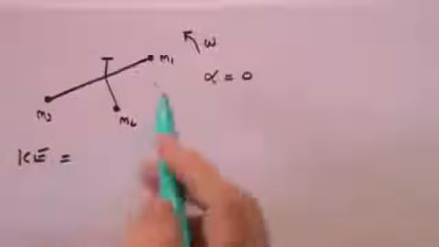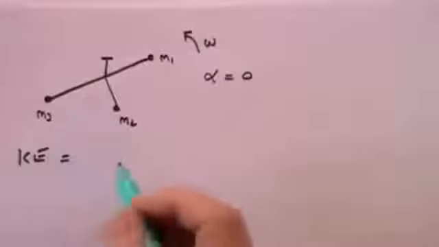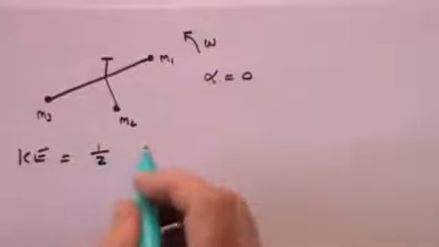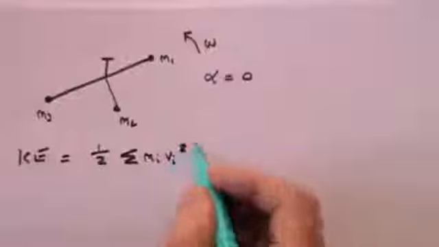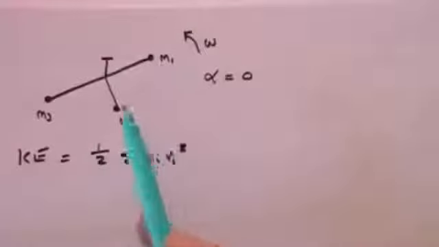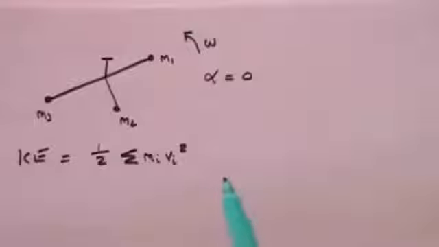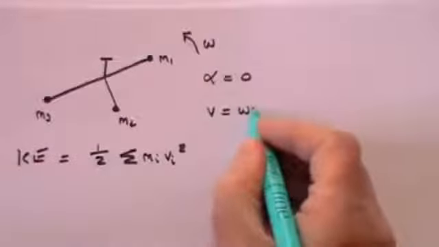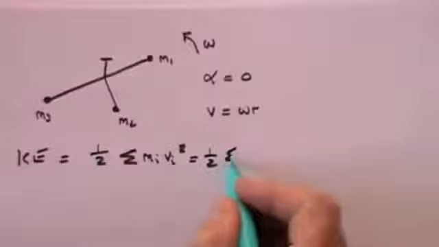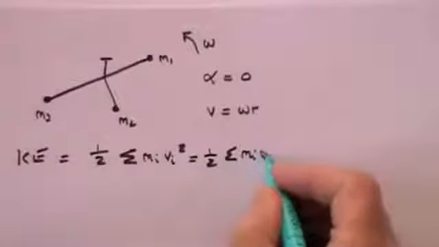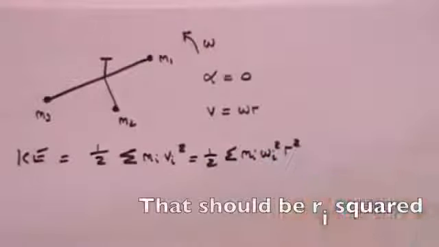Well, the kinetic energy will be the sum of the kinetic energy of the three masses, which means you can write that as a half sigma mi vi squared. So it's a half mv squared for each of those three masses, where i goes from 1 to 3. But we have shown that v is equal to omega r. So we can substitute that in there, and that gives us a half times sigma mi omega i squared ri squared. And now here's the important point.